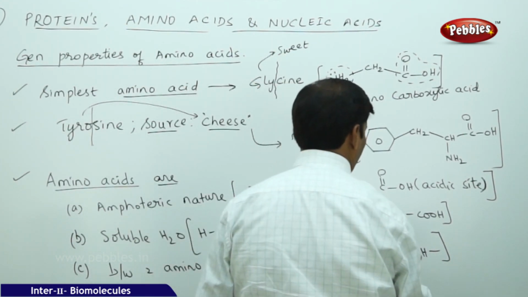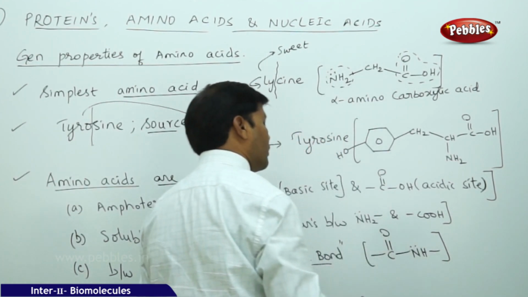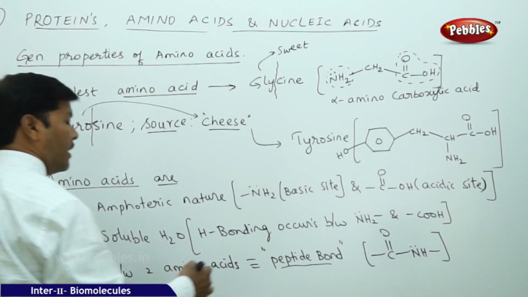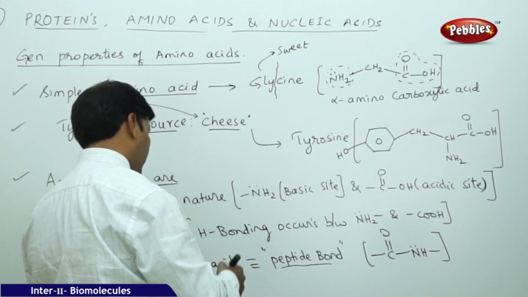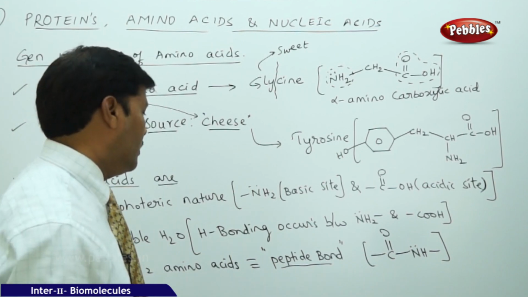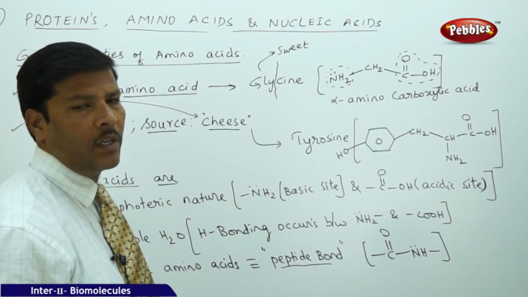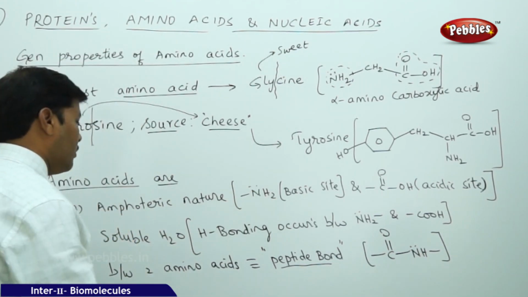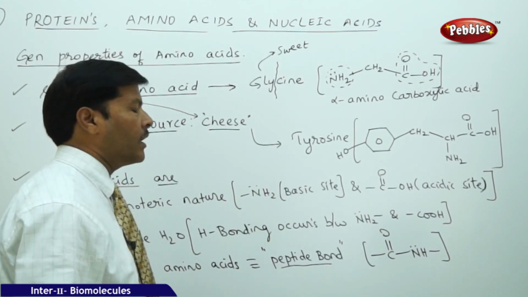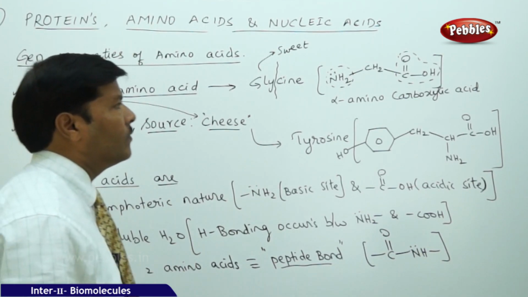It contains an amido group, a substituted amide group. If 2 amino acids are involved it is a dipeptide, 3 a tripeptide, 4 a tetrapeptide. If many amino acids are involved, we call it a polypeptide. Whatever the case, the formation of the peptide bond is one of the most important characteristic features of amino acids.